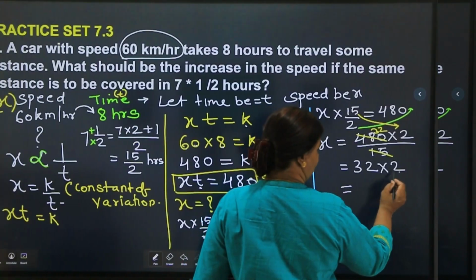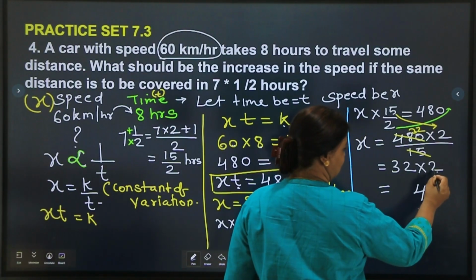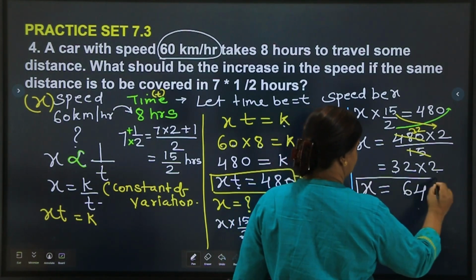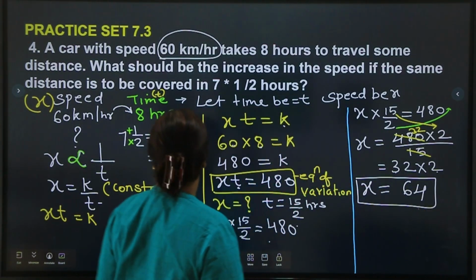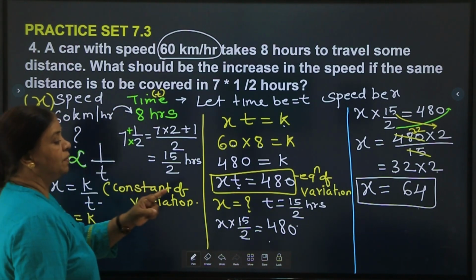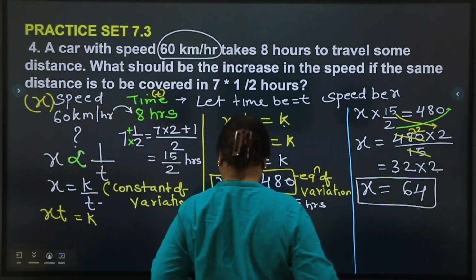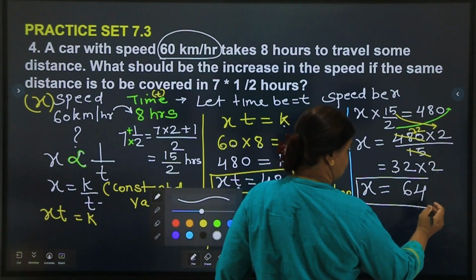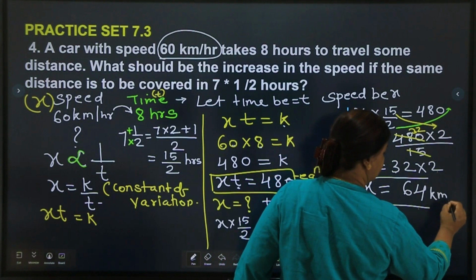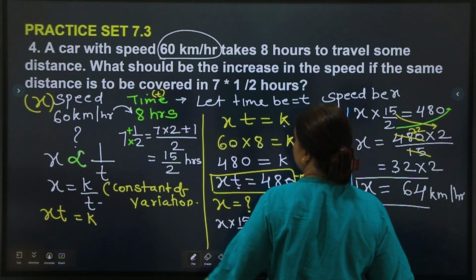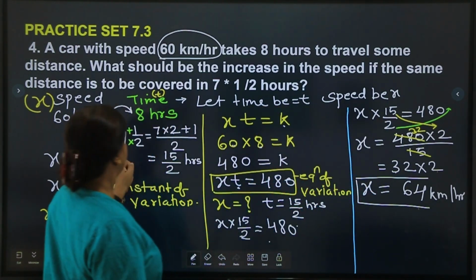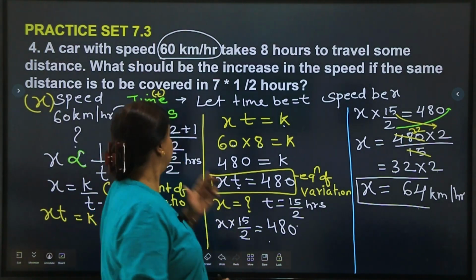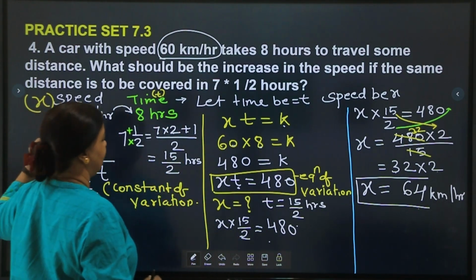That is 2 2s are 4, 2 3s are 6. So x is equal to 64. So when the speed is 64 kilometer per hour, then the time taken will be 7.5 hours.